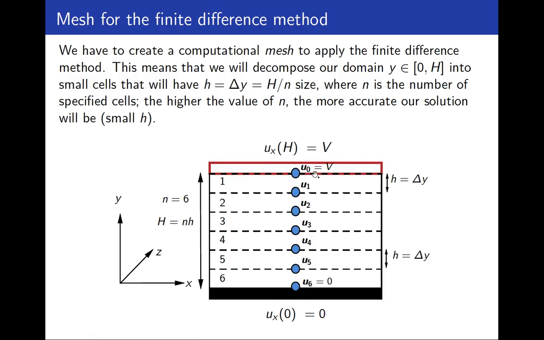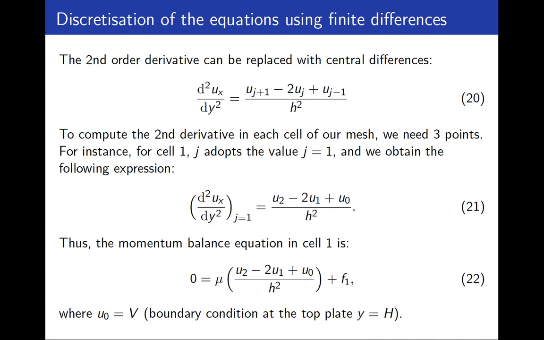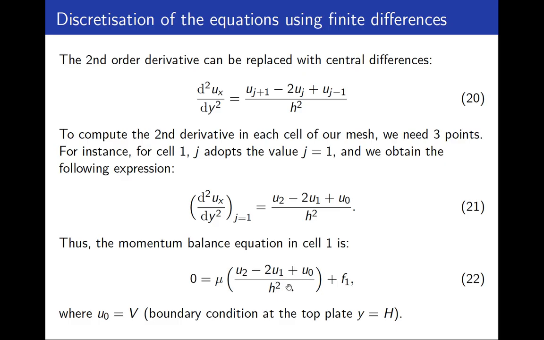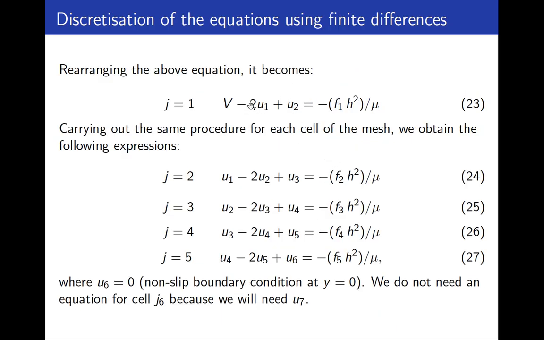So we already know the velocity value u0, which is equal to ub, the value of our boundary condition. Now if I rearrange this equation, I obtain this equation, where I already substituted u0 equal to ub.